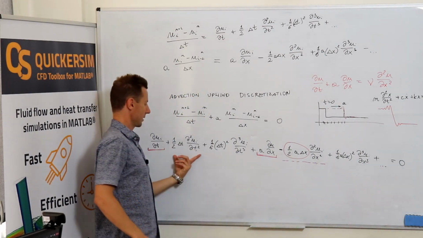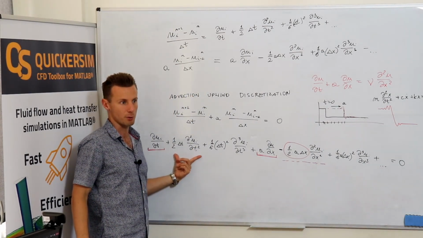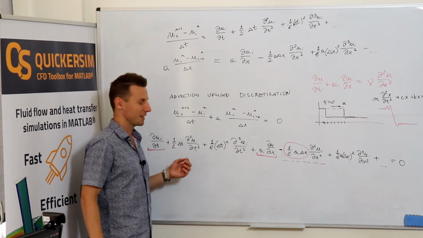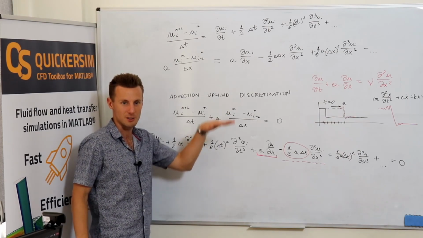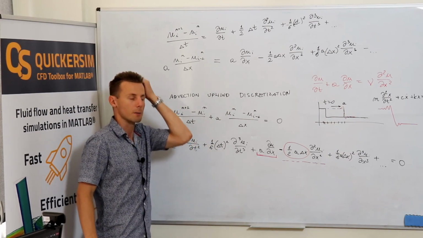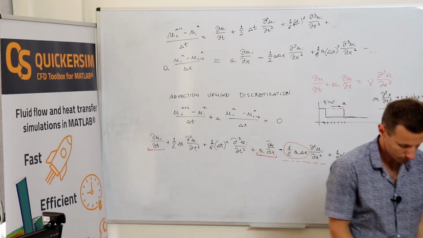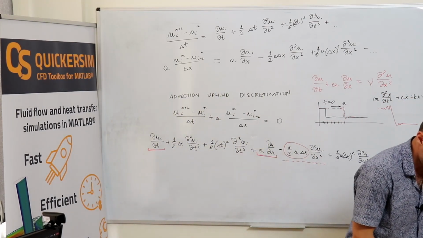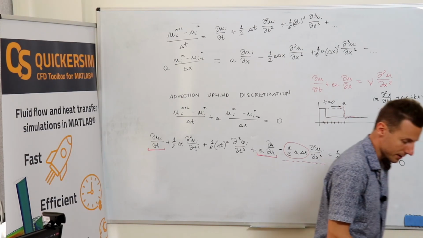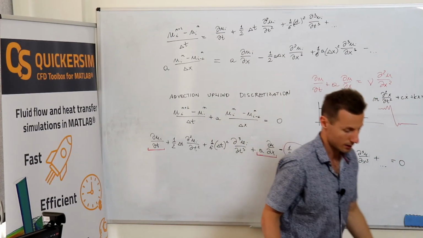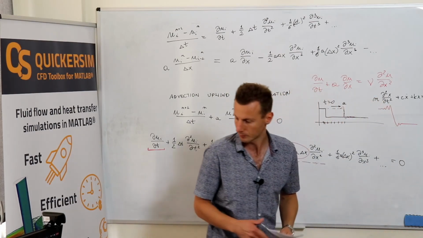You can see that probably this term introduces something similar, a small amount of the possible oscillations that can be introduced to our system. Okay, so right now let's move to something even more important.